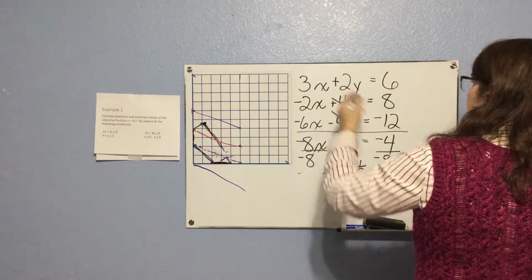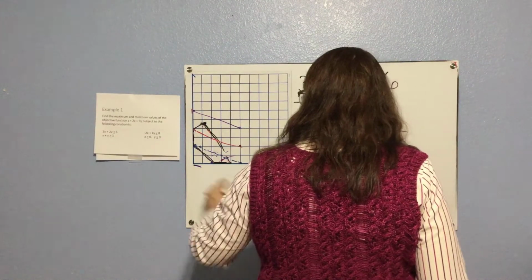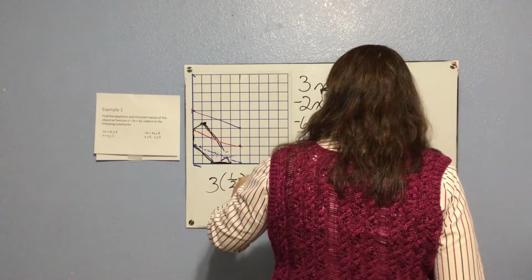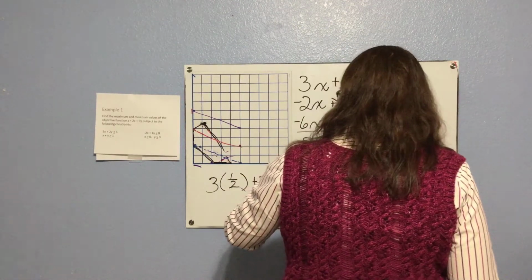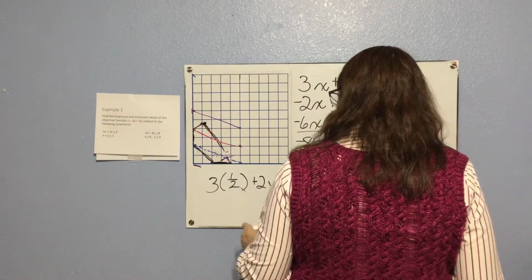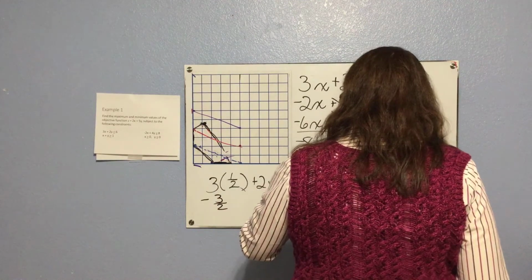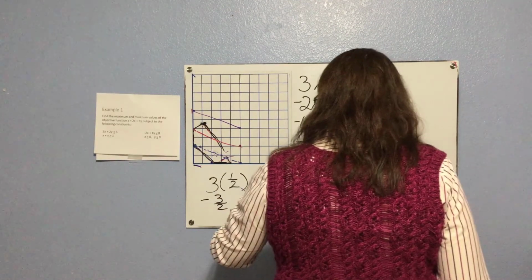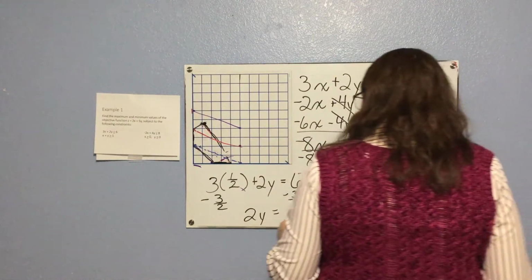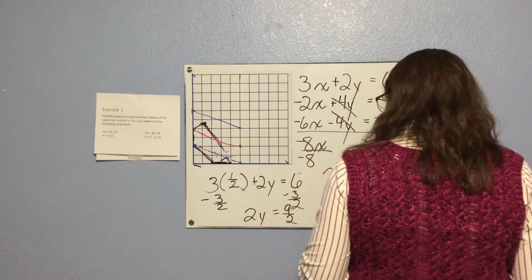I'm going to put that into the original equation. Let's do 3 times 1/2 plus 2y equals 6. Well, this is going to be 3/2, so I'm going to subtract 3/2 from both sides, which gives me 2y equals 4.5, or 9/2.